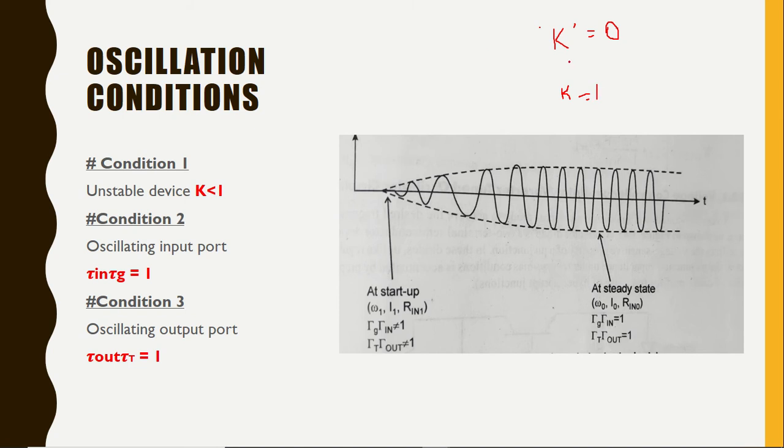So in case K is less than 1, it implies there are no or fewer oscillations, and we call that the unstable condition for an oscillator, because our main motive here is to generate oscillations, which means reflection has to be present. Therefore, if K is less than 1, we conclude the oscillator to be unstable in nature.